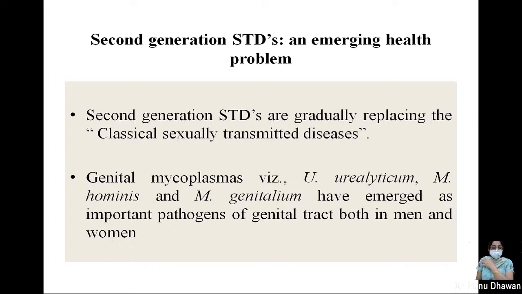Now, mycoplasmas have earned the title of being called the second generation STDs, and they are gradually replacing the classical sexually transmitted diseases like gonorrhea and syphilis. The three genital mycoplasmas I've just mentioned have emerged as important pathogens of the genital tract of both men and women.